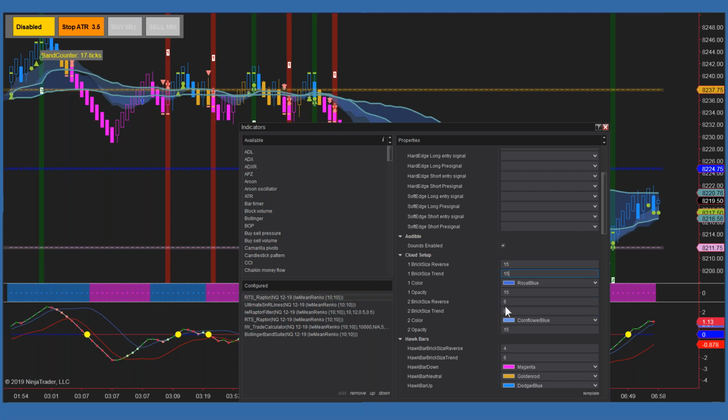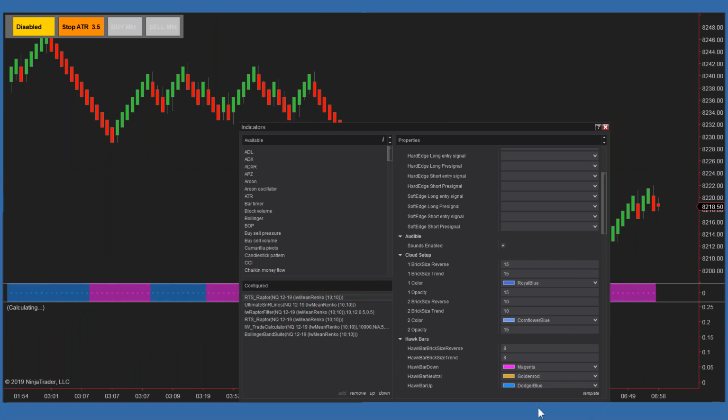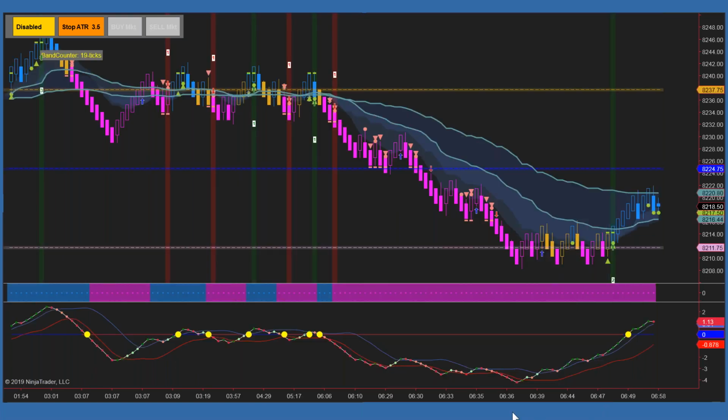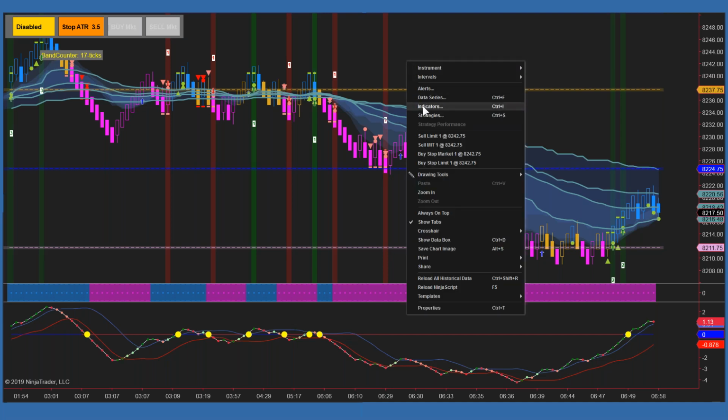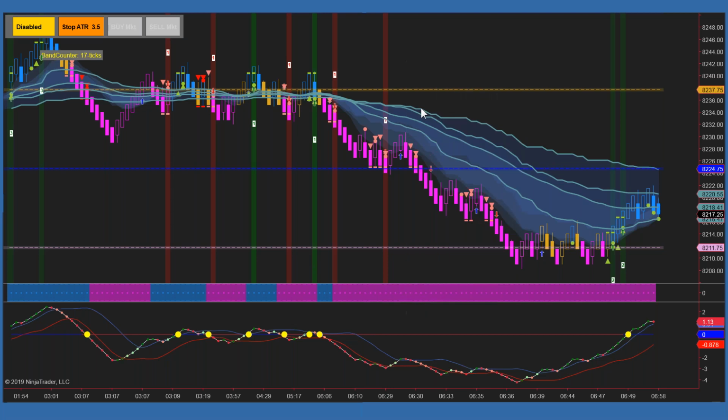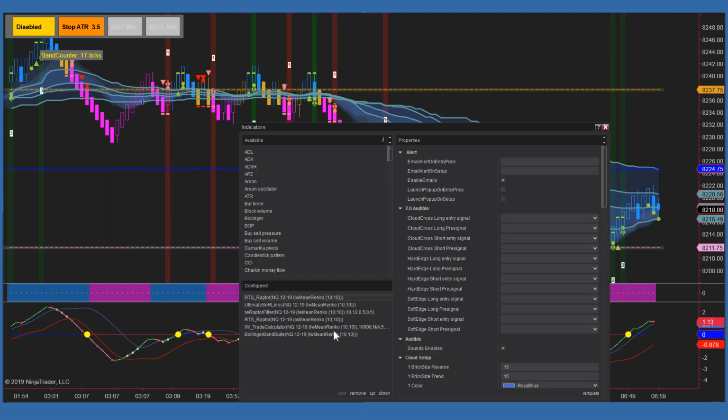And then cloud number 2 is the same, so that'll be a 10 by 10. And I'll make this an 8, the hawk, because it's going to be 7.5. So we'll make it an 8. Okay, am I still producing signals? Yes, I am. Oop, looks like I've got one too many Raptors on my chart.